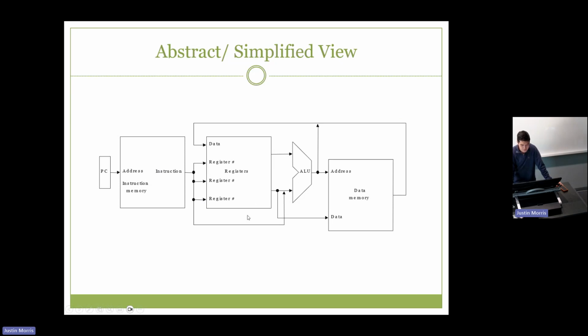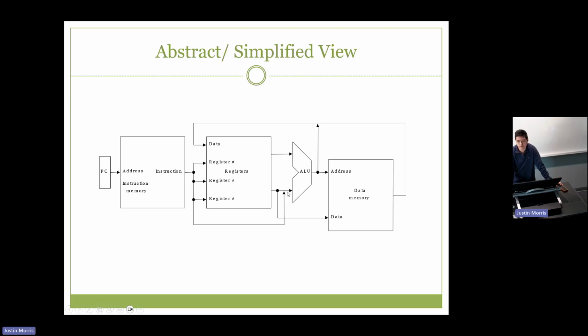But then once we have those registers, then we can get the data out of them. And this would always be RS to the first input of the ALU. And then we have RT as the second input, or we have the value coming from the instruction.